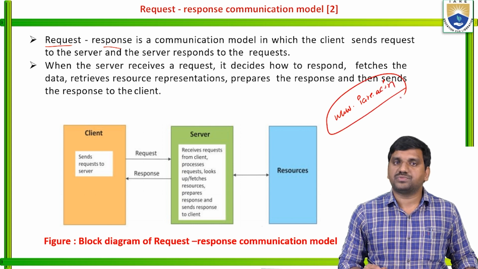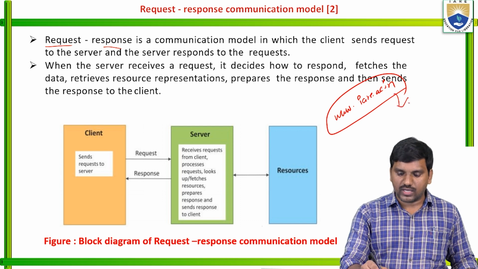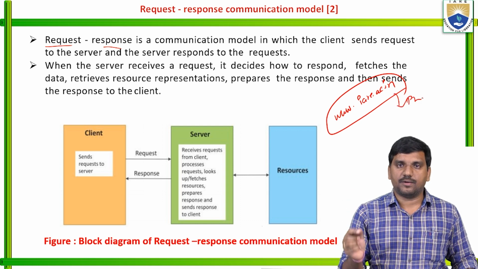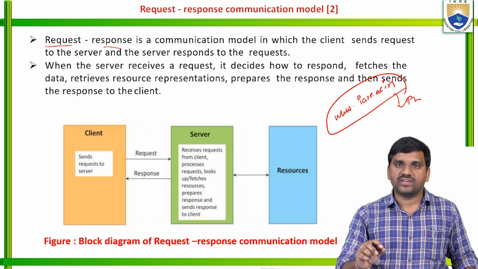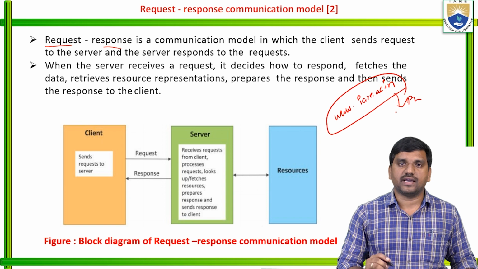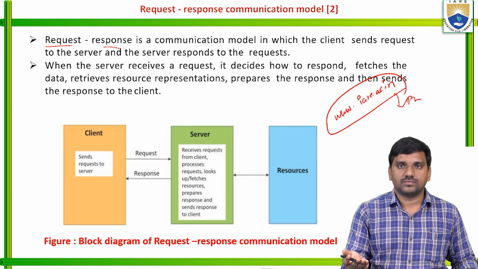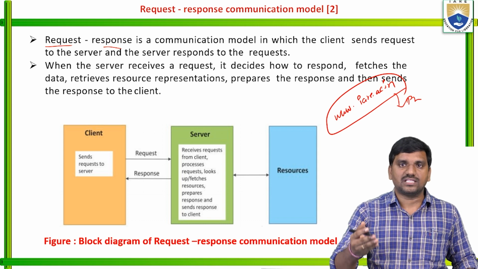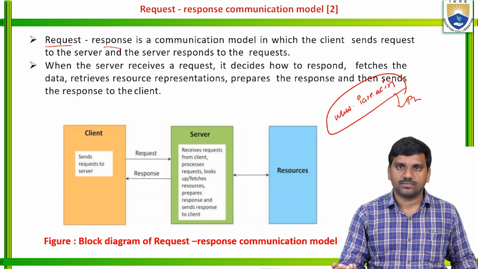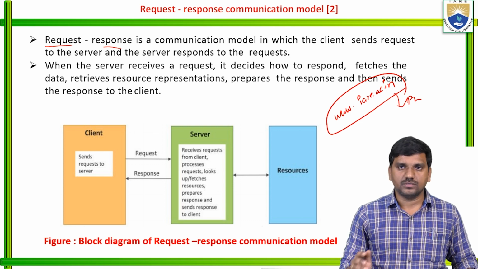This is the website. I can type in the URL, then press enter. So I am requesting the server to open the website of IARE. I am sending the request through the URL, and immediately the server receives the request and gives a response to the particular website.